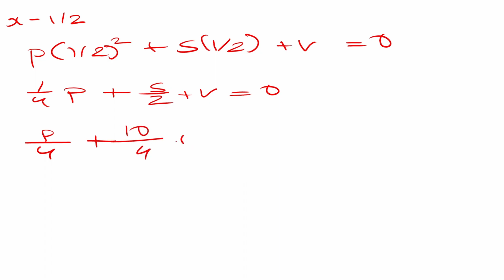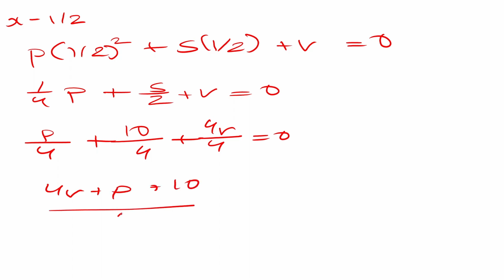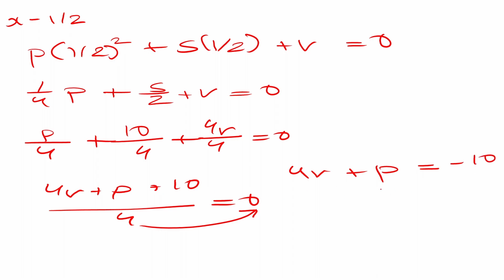Now r, 4r by 4. So 4r plus p plus 10 by 4 is equal to 0. Taking 4 this side, 0 divided by 4 is 0 times 4 is basically 0. So 4r plus p is equal to minus 10, because we've taken the 10 here. So this is equation 2.